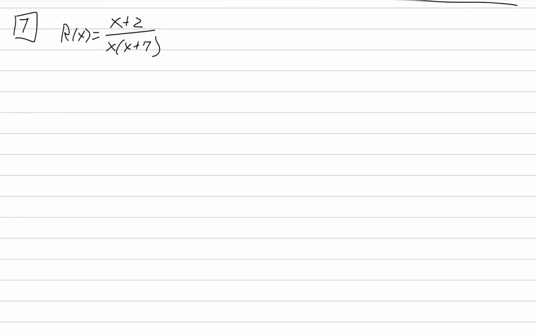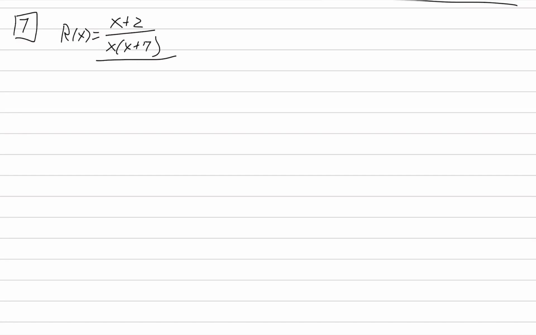It says, if needed, first write the given function as a single rational expression. Then factor the numerator and the denominator. Select the correct choice below, and if necessary, fill in the answer box to complete your choice. So the first part is factoring, but here there is nothing to factor. This cannot be factored any further.